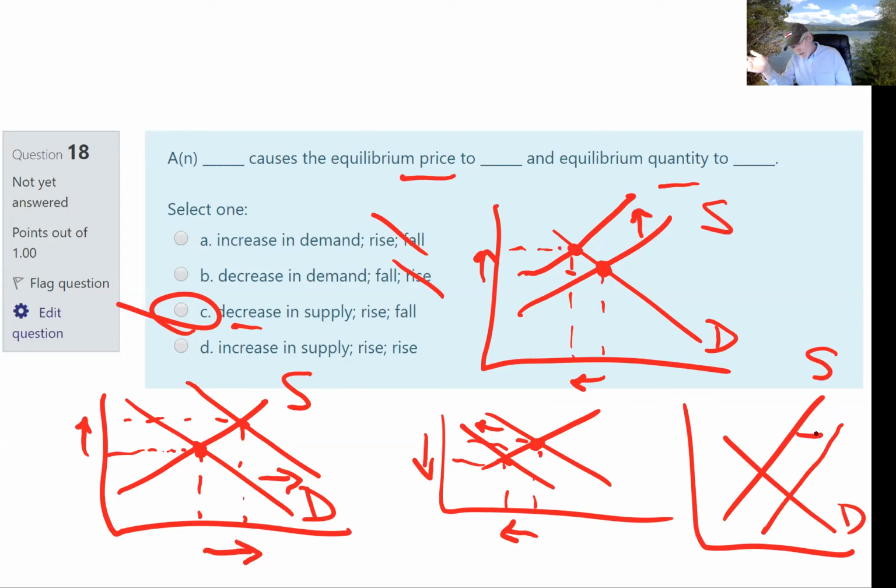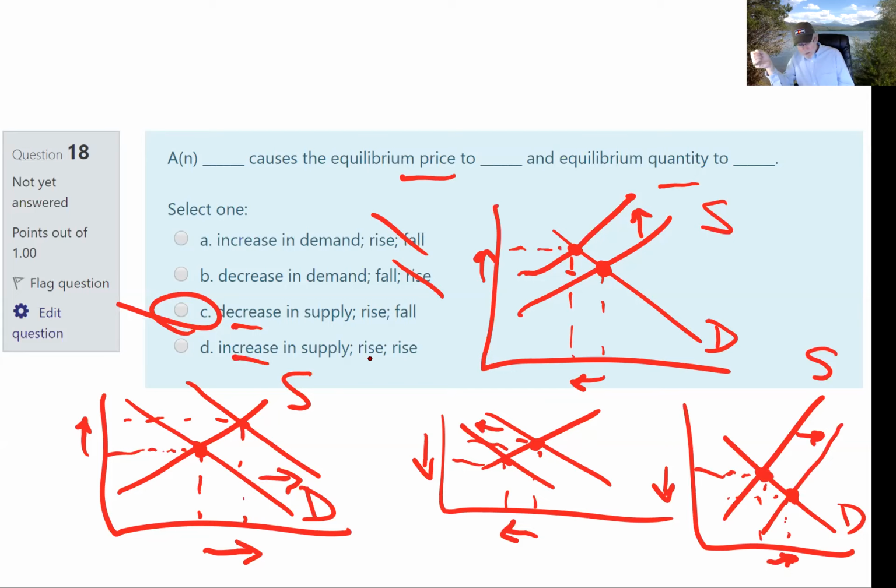It's an increase in that for every price, the quantity supplied by producers is greater now than before. And what does it do? It moves us from this equilibrium to this equilibrium. And what happens to the price? It goes down. And what happens to the quantity? It goes up. Okay.